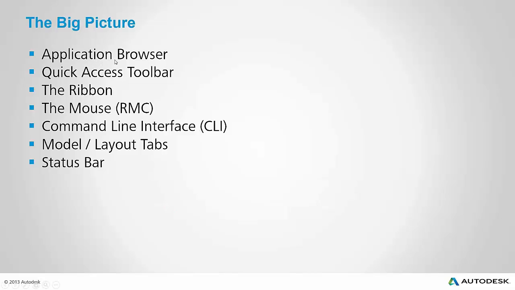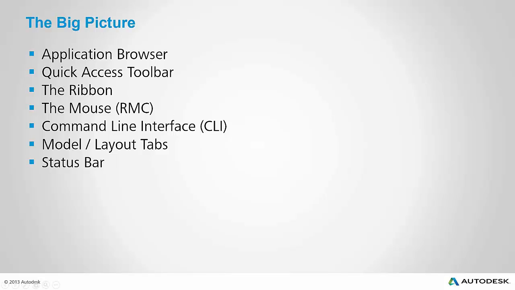We'll talk a little bit about the application browser, our quick access toolbar, some of the functionality there, the ribbon, the mouse, which has a lot of functionality, the command line interface, where me being an old school AutoCAD user, and many of you who have been doing this for a long time, which we saw in the poll, will probably appreciate quite a bit. I know that I get my job done using the command line. Talk a little bit about the model and layout tabs as well as the status bar.